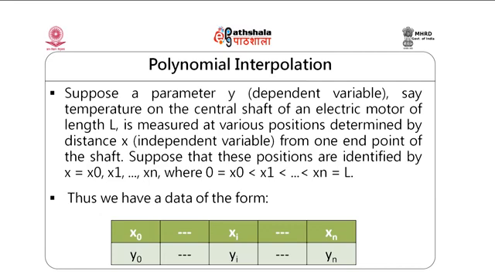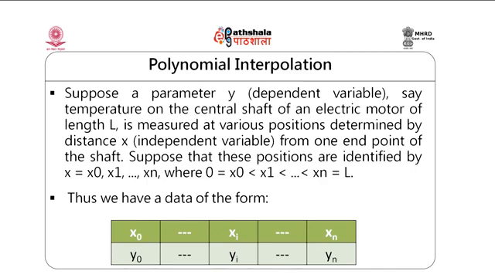Polynomial interpolation is a specific case of interpolation in general. Suppose a parameter y, the dependent variable, say temperature on the central shaft of an electric motor of length L, is measured at various positions determined by distance x, the independent variable, from one end point of the shaft.